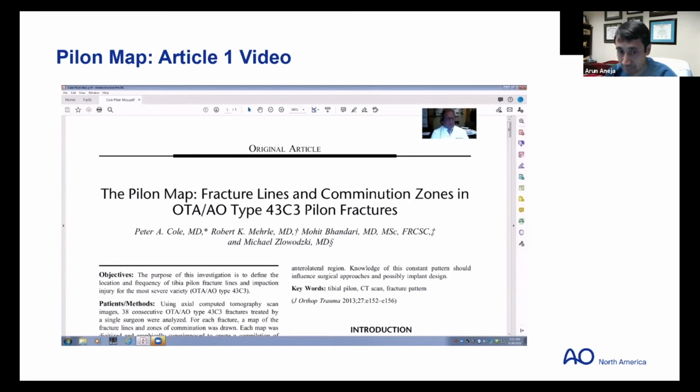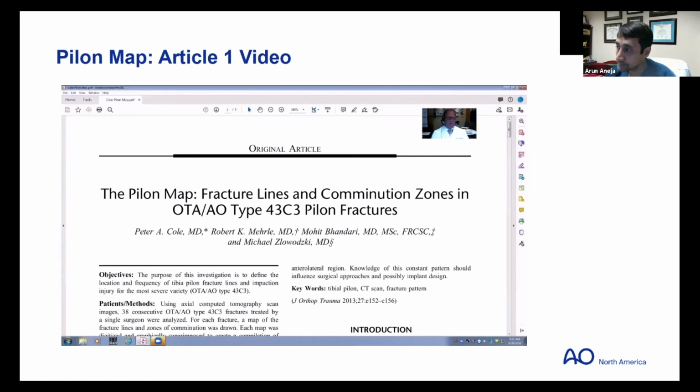Certainly, anything we can do to maintain or restore the resilience of articular cartilage is paramount. Most people tend to feel that the damage is done at the time of injury, and it's a little bit of a nihilistic thought, because if you over-promote that idea, what tends to happen is that you are not as focused on a good articular reduction.